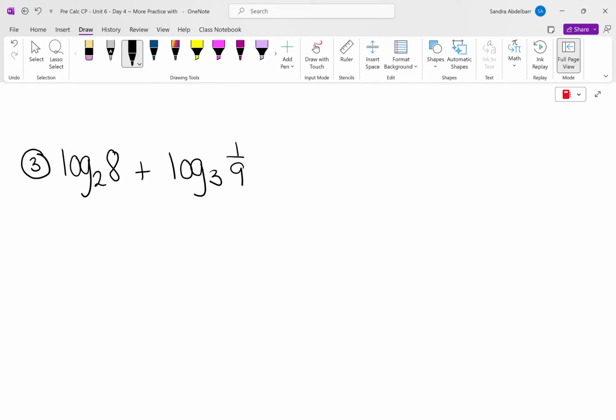Good, so why no? The log bases are different. You could only pull out the log and then multiply the arguments if their bases are the same. Their bases are not the same, so I can't pull it out and then multiply the arguments. So what you have to do is simplify the first one, simplify the second one, then do what? Add those two.